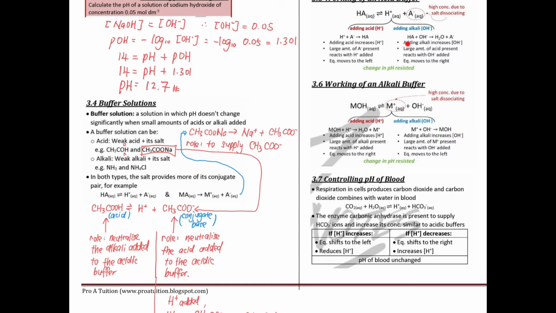You see here, the acid, the ethanoic acid for example, neutralizes with the hydroxide ion added to the acidic buffer. Then you get H2O plus A minus, which means something like neutralization. Okay, for example, let's see the equation here.